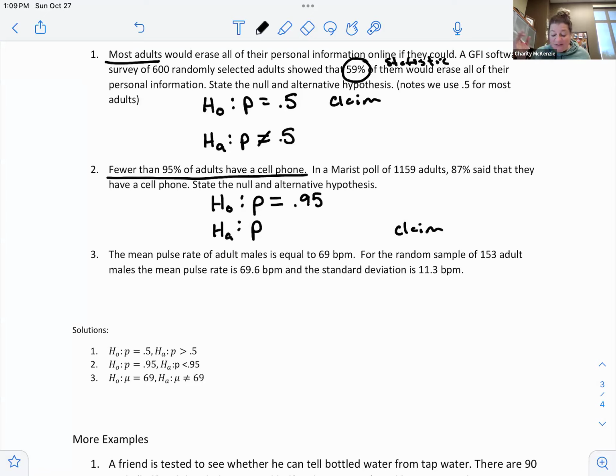It says fewer than 95%, so we need to write fewer than 95%. Typically the claim is the alternative hypothesis, but it could not be, like problem one. Equal and not equal usually, the equal is the claim, and for the other ones, the claim is typically the greater than or the less than. So this is how I set up something that's fewer than 95% of the adults have. I really should say greater.